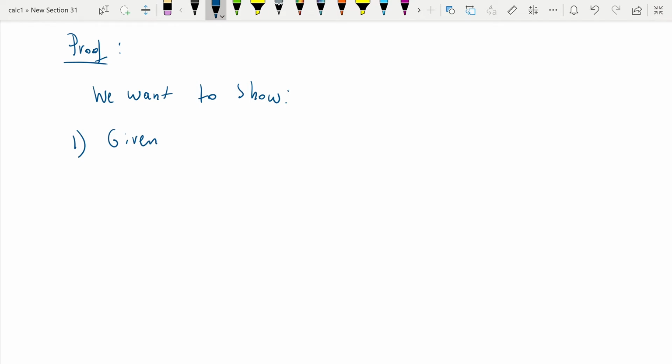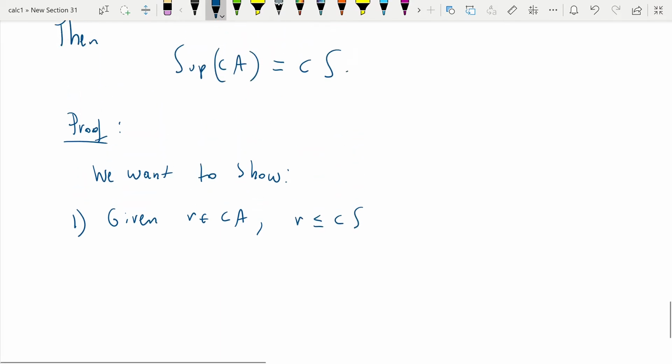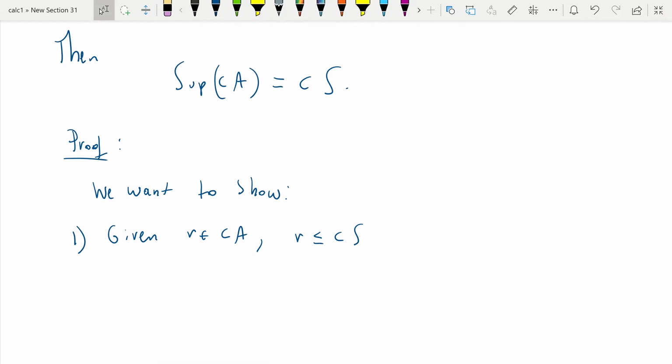So that's our first step, property one. Given r in cA, we want to show that r is bounded from above by cS, because that's what we're claiming. So this is just showing that cS is an upper bound.